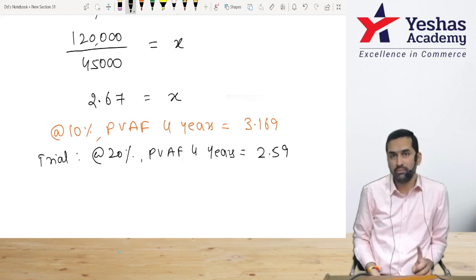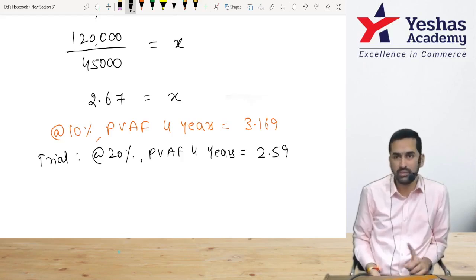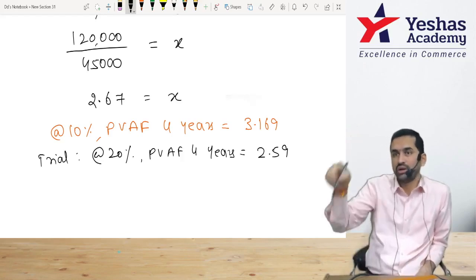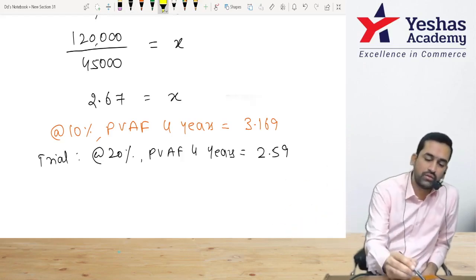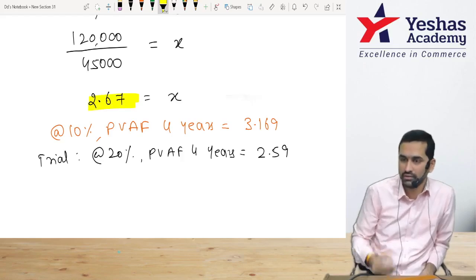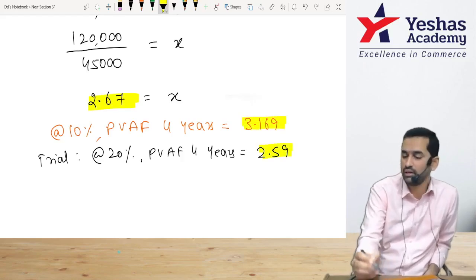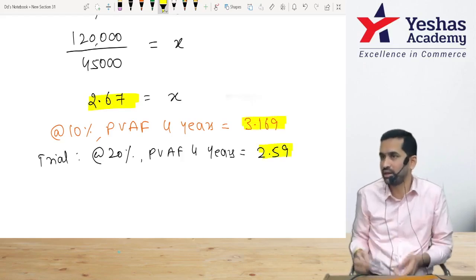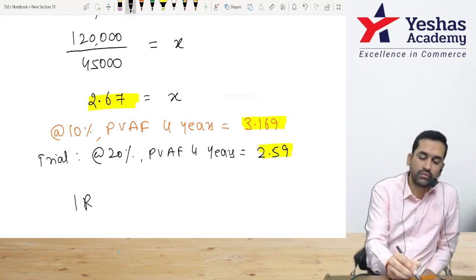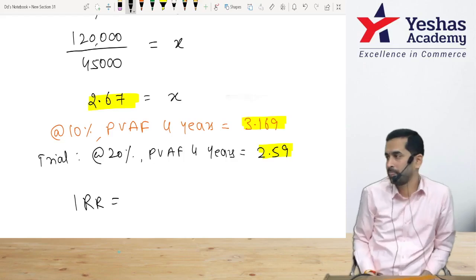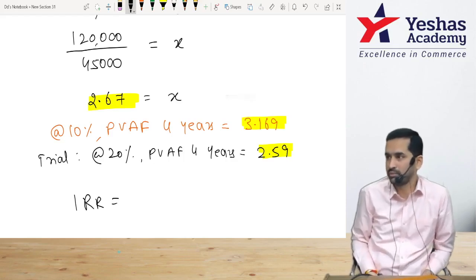Now I have one number below that, one number above that. Remember how we did IRR? There we wanted NPV 0, one positive, one negative. Now I want summation of discounting factor to be 2.67. One number is above and one number is below. Between this, I can now do cross multiplication. Therefore, nothing wrong if you write IRR here. Correct? Because ultimately you want NPV to be 0.